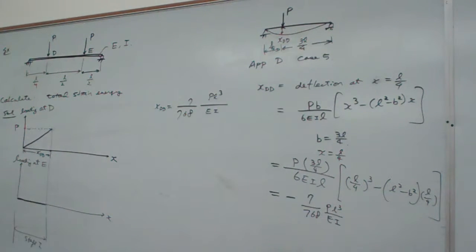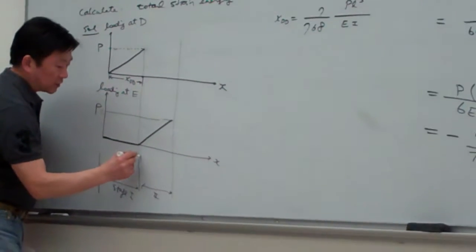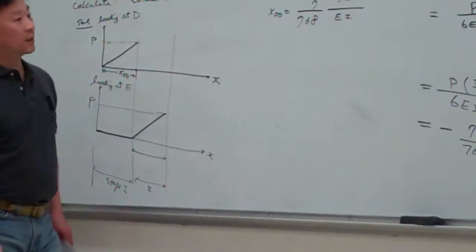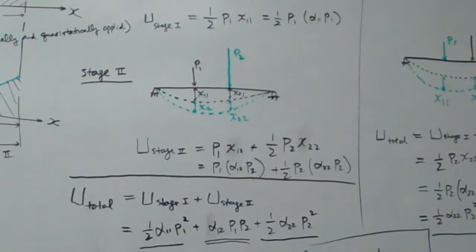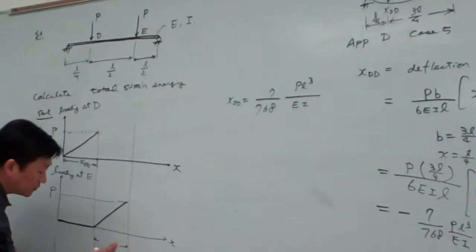And so this is stage 1, and then in stage 2, we apply the loading P. So in stage 2, the loading at point E will gradually increase to the magnitude P. So we mark the end of stage 2. So for this case, the loading application, and again, look at this one, that will give us the loading, let me call it XQQ or XE.